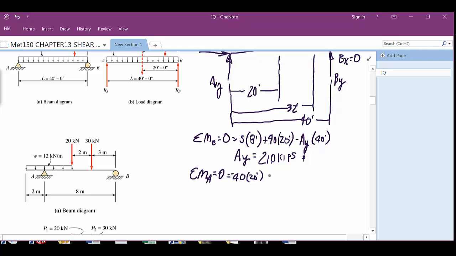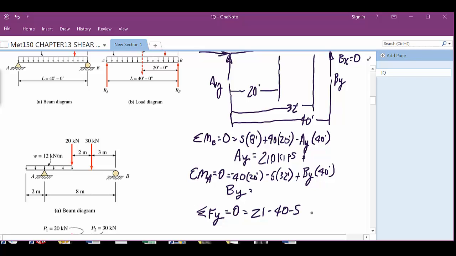Let me finish this though real quick. Let's see, then we've got, and that's negative, then we got minus 5 times 32. They should be the same, right? Plus BY times 40. So BY equals whatever, and then like Clark said, sum the forces in the Y equals 0, we had AY be 21 minus, was it 40?